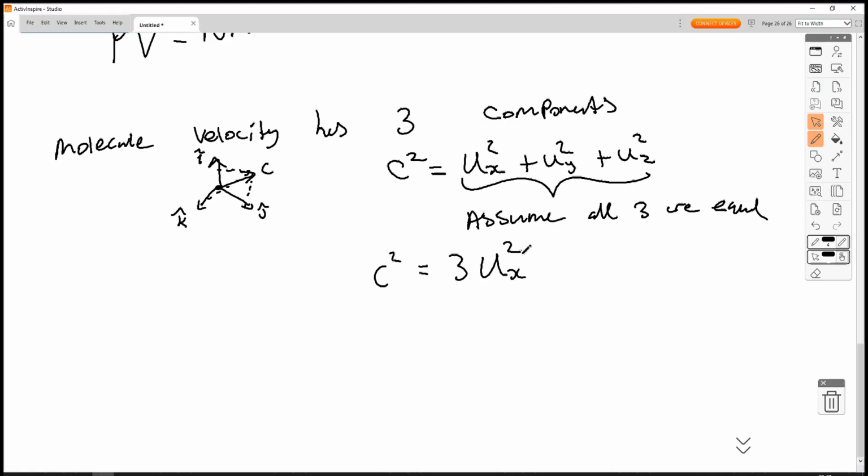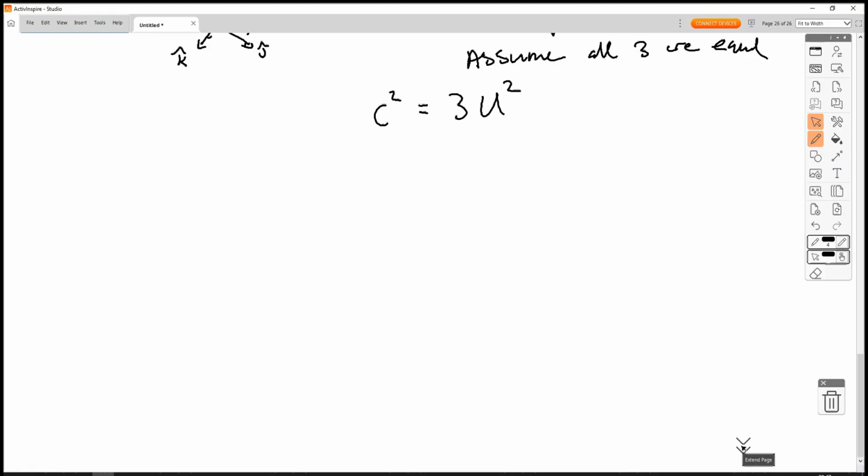In this case, we can just get rid of the x because it doesn't matter at this point. So 3u squared. And so that means that u squared is equal to 1/3 c squared.